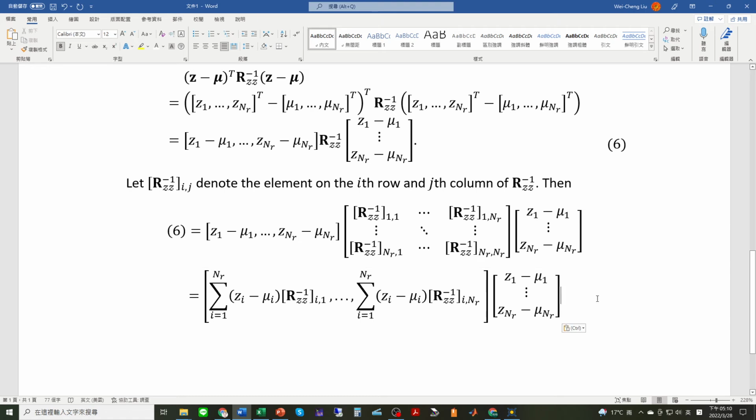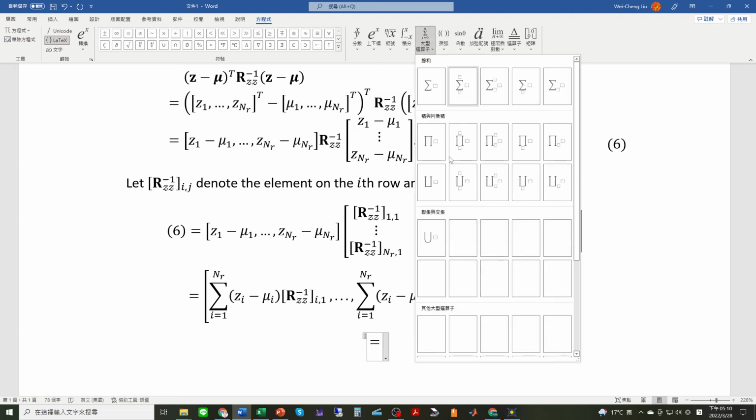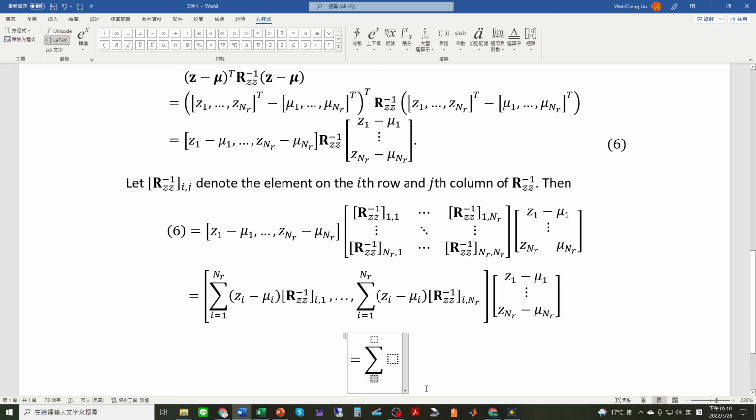Okay. So then we multiply these two vectors again together, and we will get this equation. Okay, please pay attention. It may be somewhat difficult here. It is equal to J is equal to 1 to NR, and this.